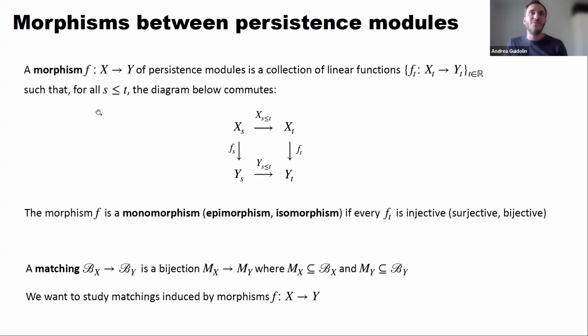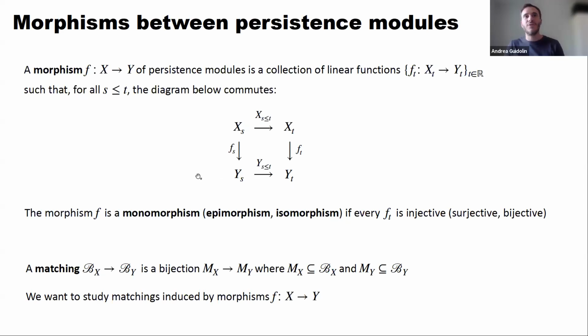All right, a morphism of persistence modules is a natural transformation. So it is composed of many components, FT from XT to YT, and these linear maps have to commute with the transition maps of the two persistence modules.